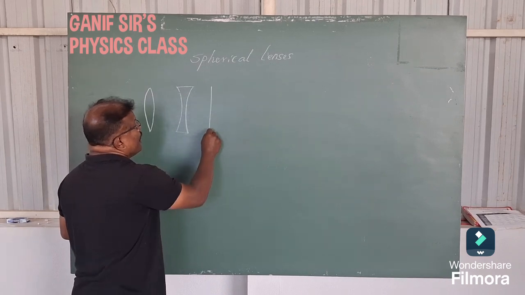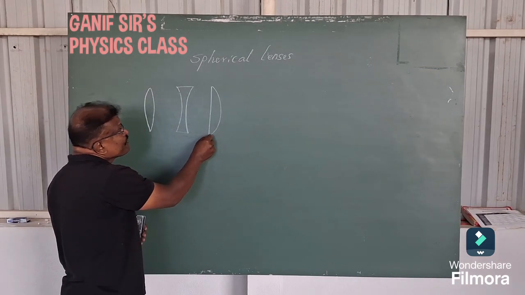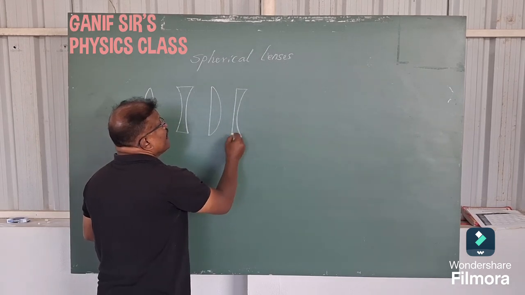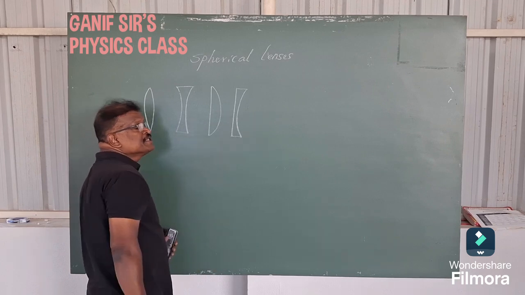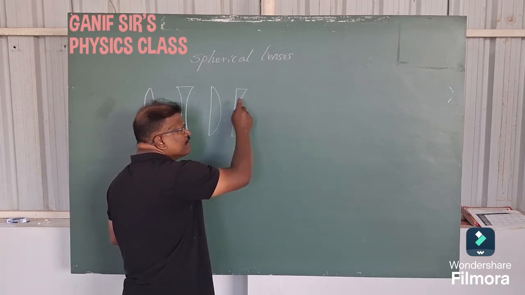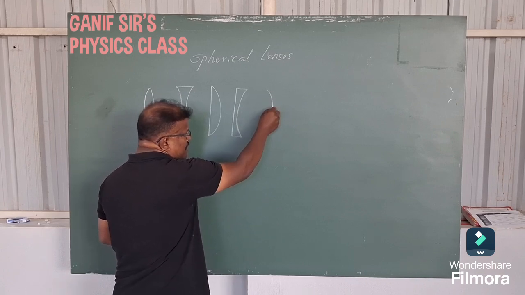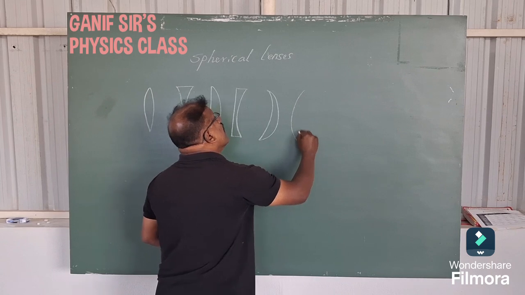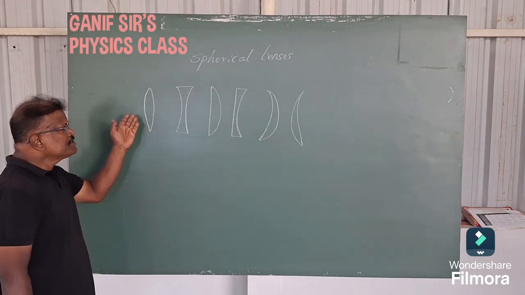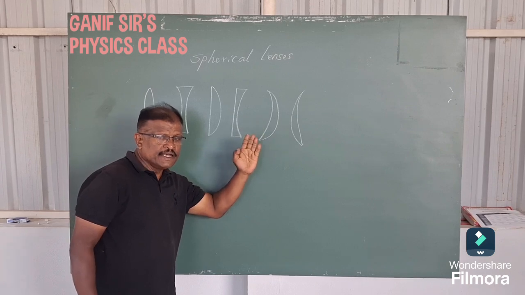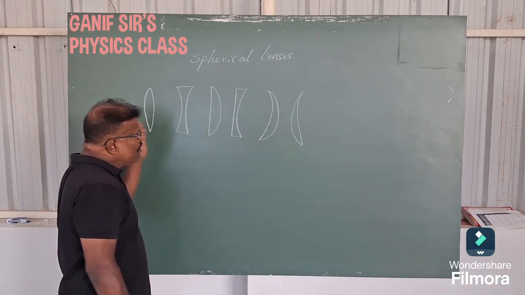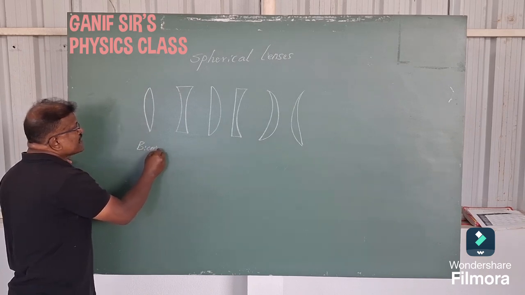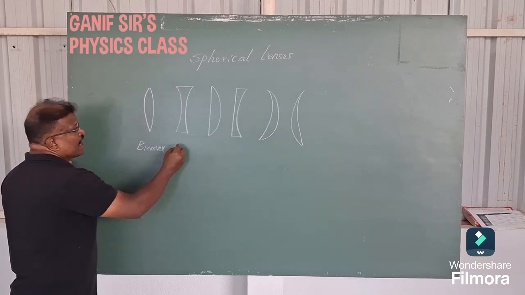This becomes a lens, and this also becomes a lens, because this transparent material has curved surfaces, and even this becomes a lens, because these surfaces have at least one curved surface. So these are all lenses.